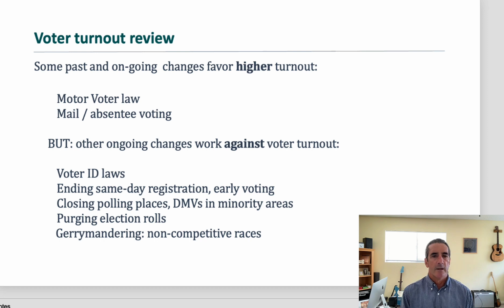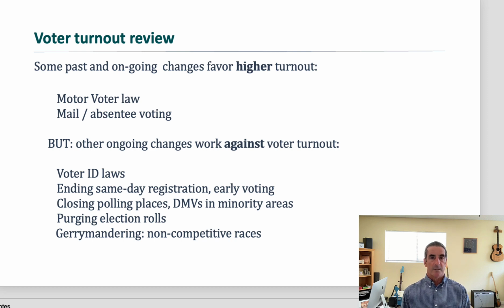Many states have moved to end same-day registration, have worked to curtail early voting periods, are closing polling places, and closing DMVs at which registration can often happen, often in minority areas. States are more aggressively purging election rolls. States are more aggressively gerrymandering congressional districts into non-competitive races.